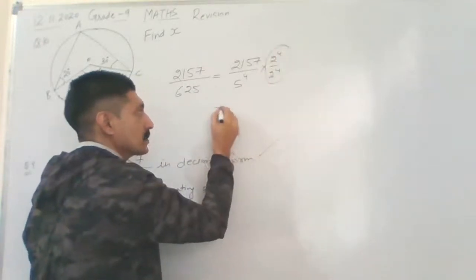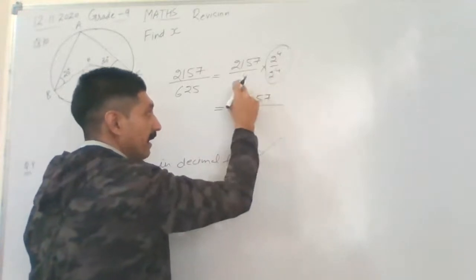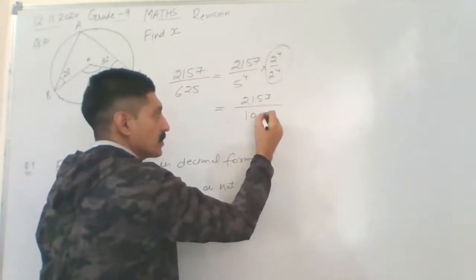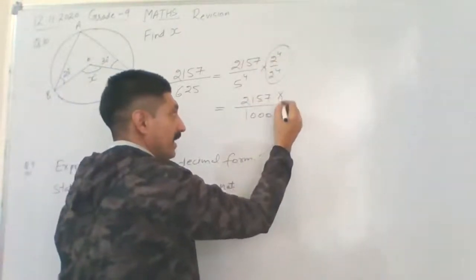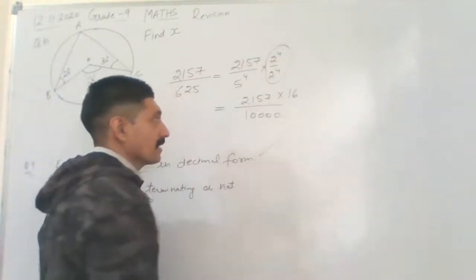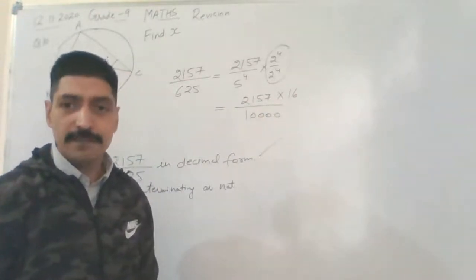This is 1. So I can write here 2157 into 16 divided by 10000, and here 2 raised to power 4 is 16. So division is a little lengthy, multiplication is easy.